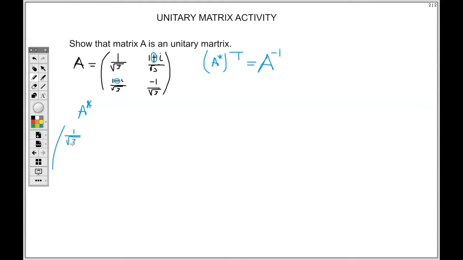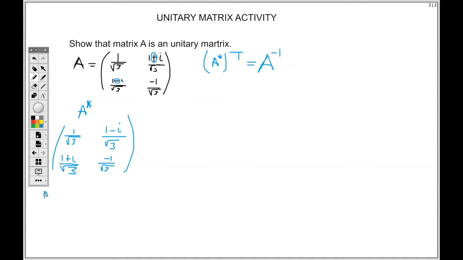Next, 1 plus i will be changed to 1 minus i, the conjugate, over root 3. Then the next one, I need to find the conjugate of 1 minus i, so that's 1 plus i over root 3, and then we have the -1 over root 3, which is a real number.